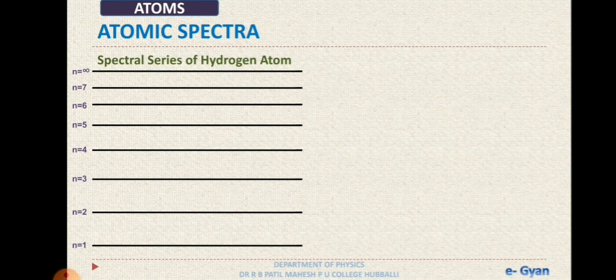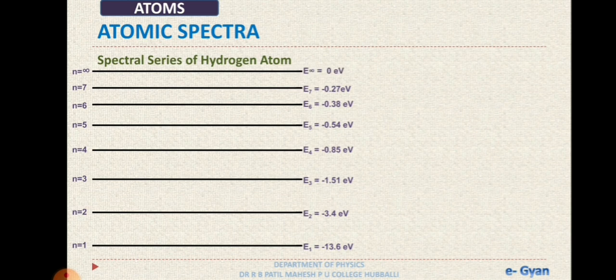We have studied the values of energy of these different energy levels. The first energy level is minus 13.6, then minus 3.4, minus 1.51, minus 0.85, minus 0.54, minus 0.38, minus 0.27 up to the 7th energy level, and the infinite energy level will have the energy 0 electron volts. All these are in electron volts.